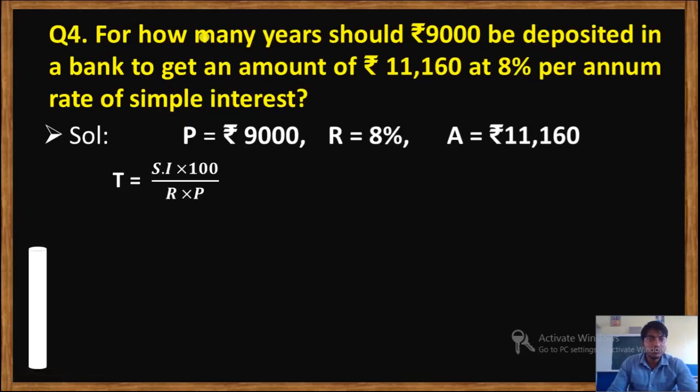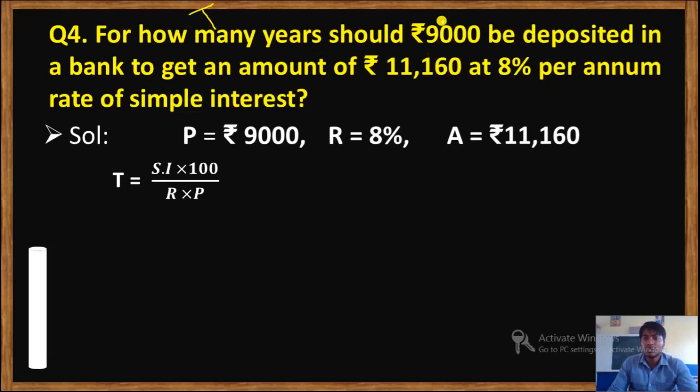Now question number 4: for how many years should rupees 9,000 be deposited in a bank to get an amount of rupees 11,160 at 8% per annum rate of simple interest? So clearly you can see it is mentioned for how many years, that means time you have to find out.